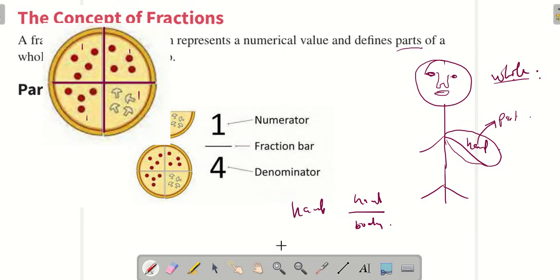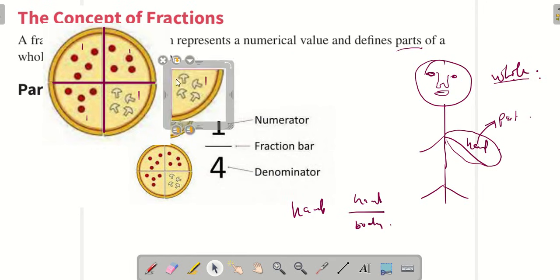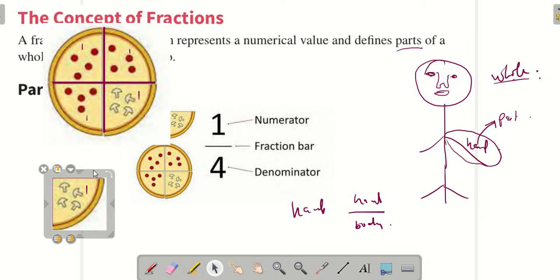So for example, if I want to pick this very part, if I take this part, it becomes just one of the total 4 parts. So this is what we call the part, 1, and that is the numerator.